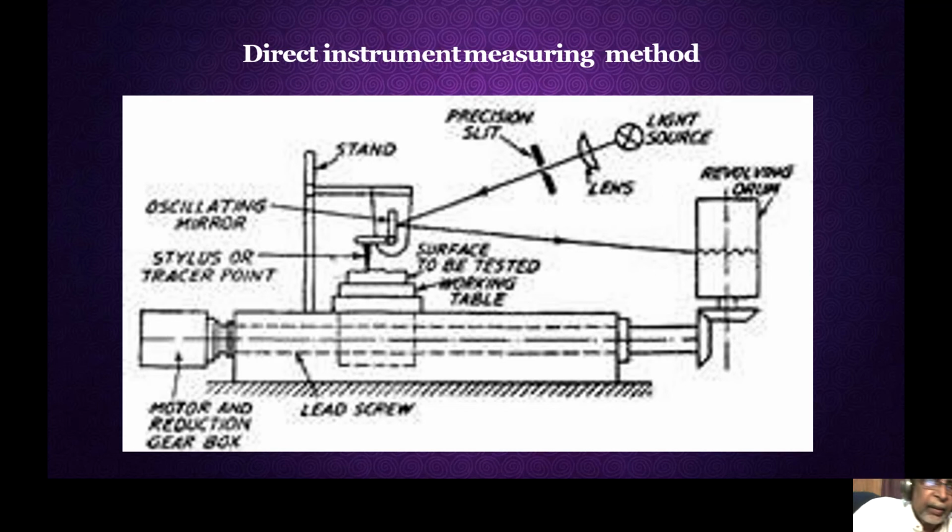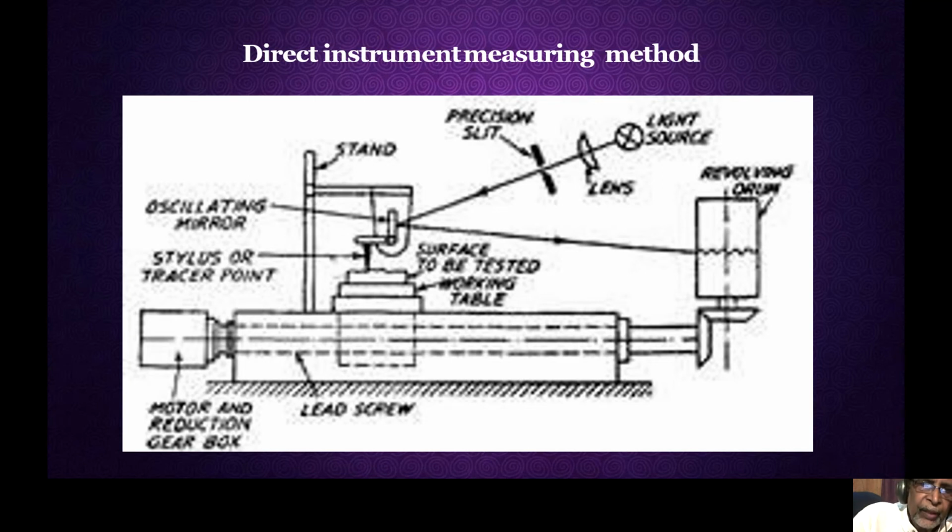And you can see here, there is another reflected mirror which has been kept vertical. And you can see at the right side that is the light source, then one lens is here, then there is a precision slit.